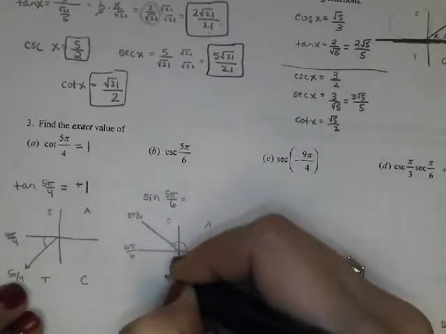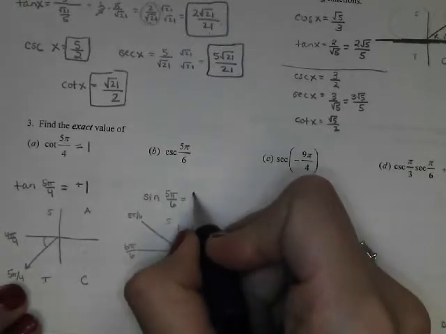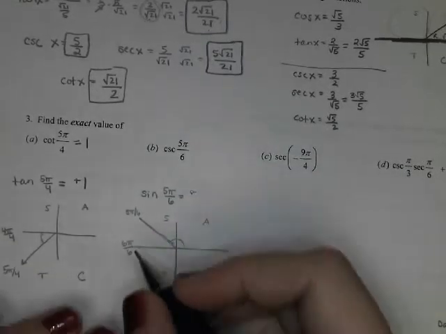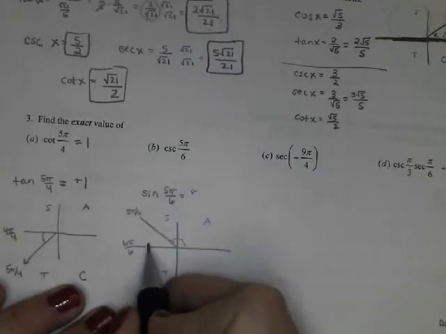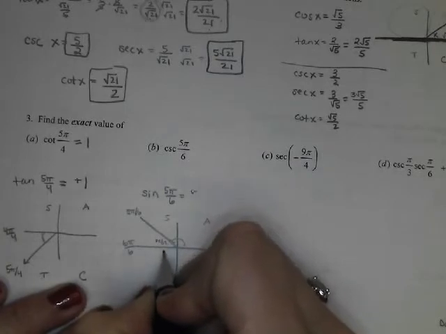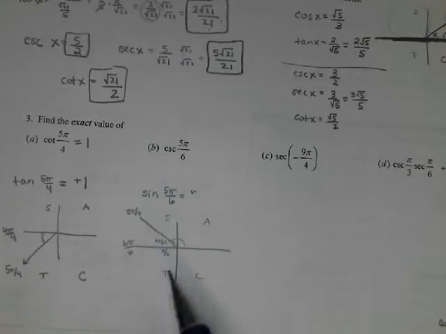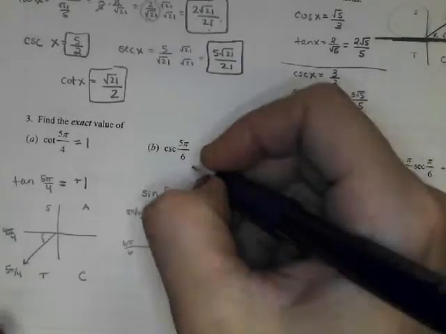All students take calculus, so the sine in the S quadrant is also going to be positive. The reference angle from 5 pi over 6 to 6 pi over 6 is pi over 6. So I already know it's positive. What's the sine of pi over 6? From your memorized values, sine of pi over 6 should be 1/2.